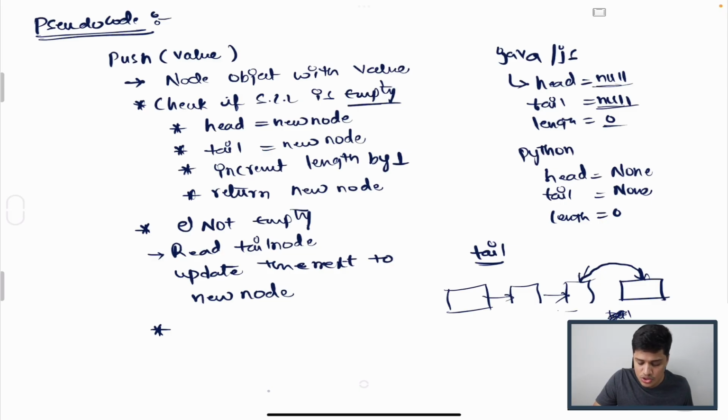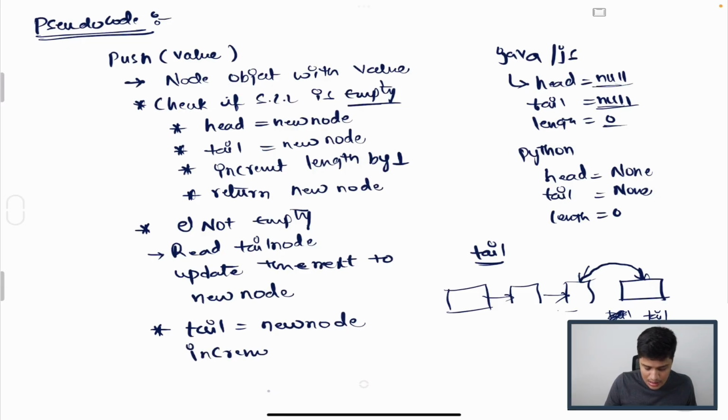So the tail node should be updated to the very last node we have in the singly linked list. To do that, we will simply update the tail node to the new node object that we have added. Similarly, in this case also, we have to increment the length by 1.